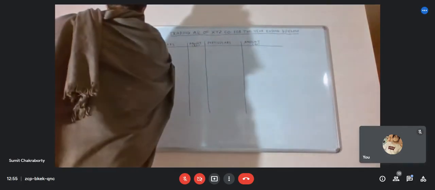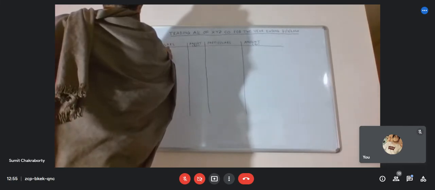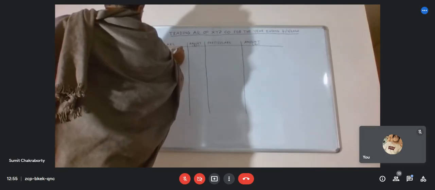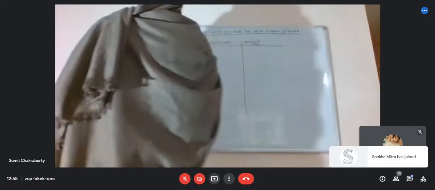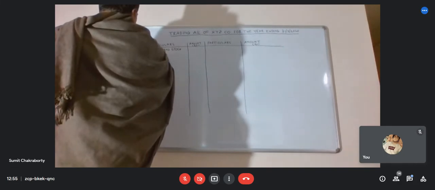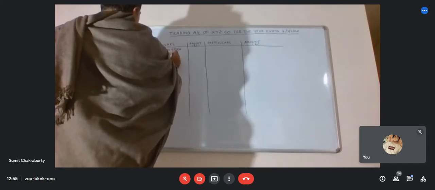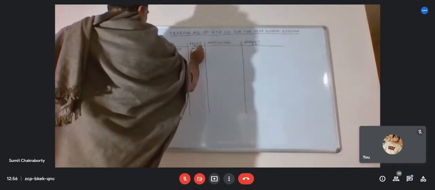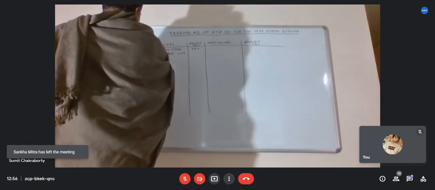So, to opening stock. That is the first item on the debit side. To purchases, less purchase returns.